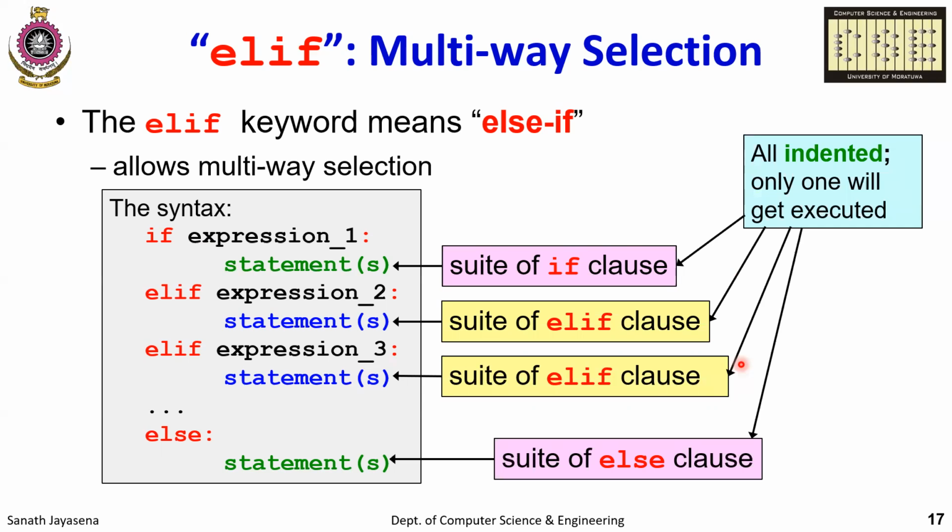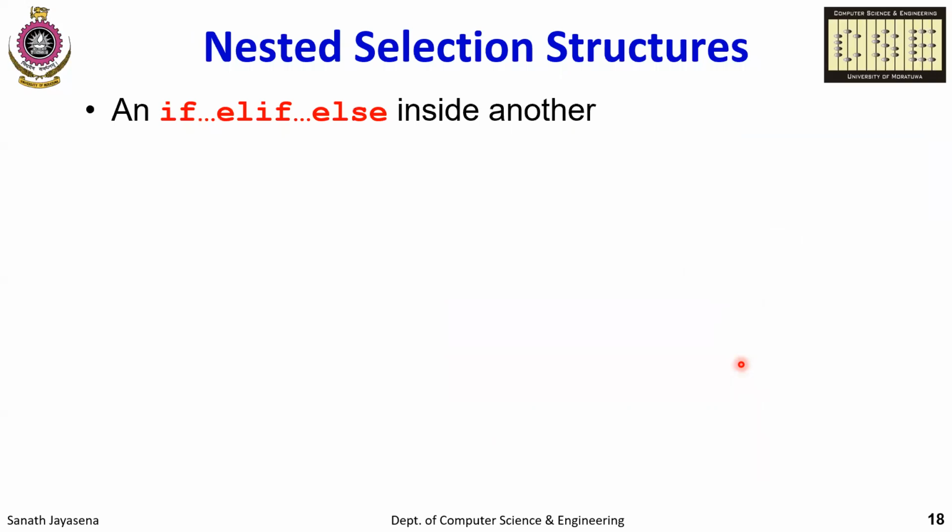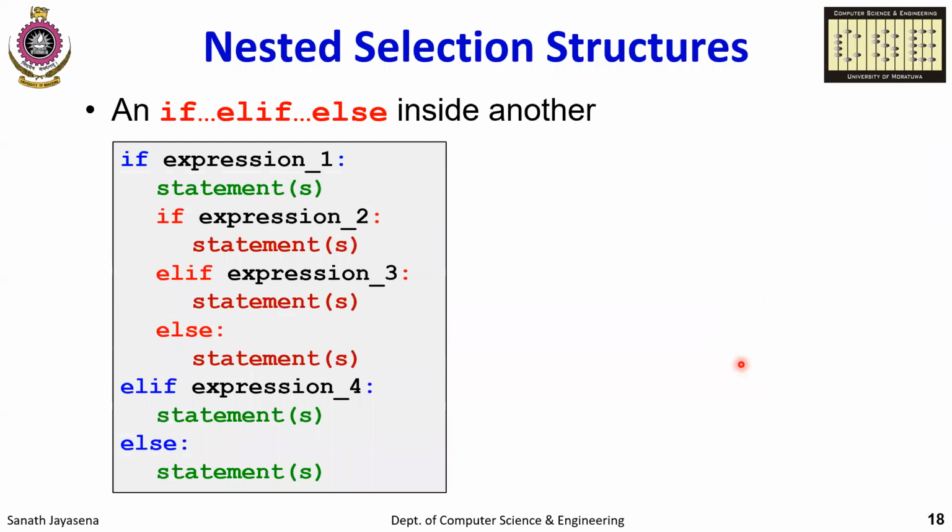So multi-way selection: you want to select not just something between this or that, but out of several possibilities, you want to select just one, right? Okay. Now, nested selection structure means you can have an if, elif, else kind of thing inside another similar structure like this. So you have an if expression one, you have some statement, and under that another if condition situation here, an if, elif, else compound statement inside another one.